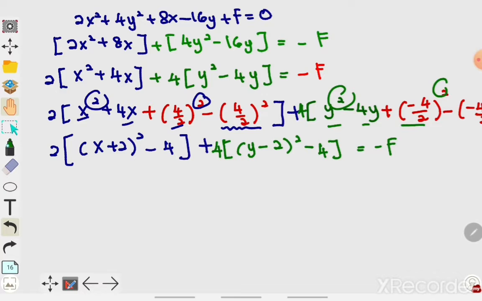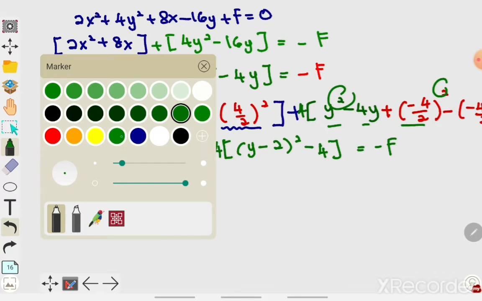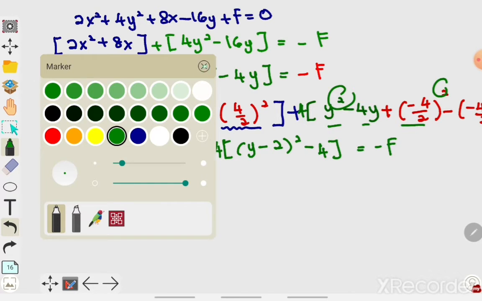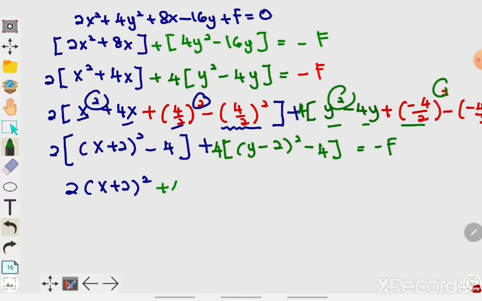Let's compress into two parts. Now you have 2 times (x plus 2) squared. I just move the 2 into the inside of the bracket. Do the same way for the green color, so we have plus 4 (y minus 2) squared equals negative f.